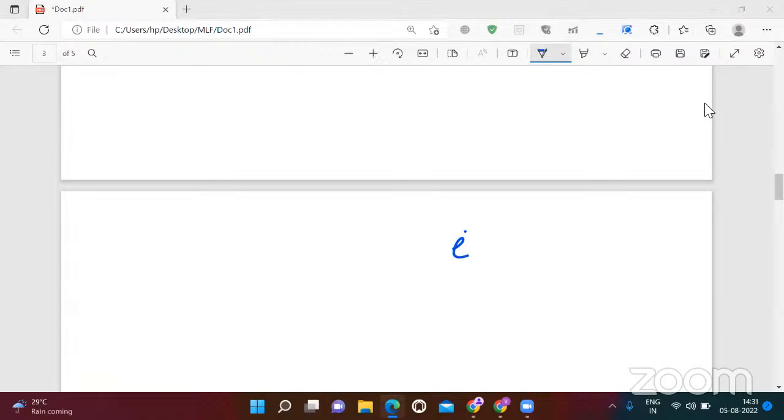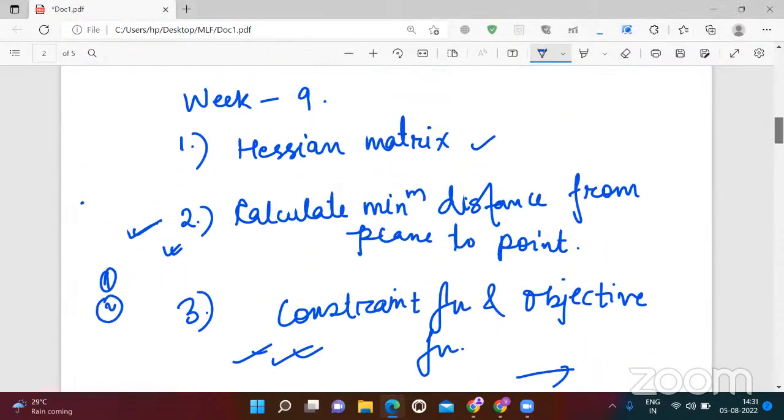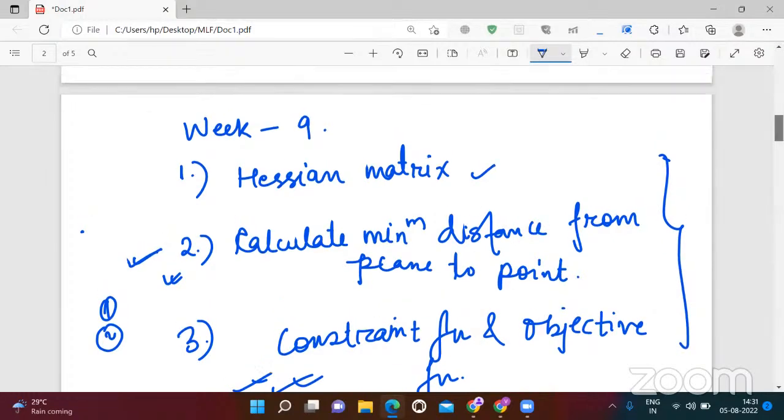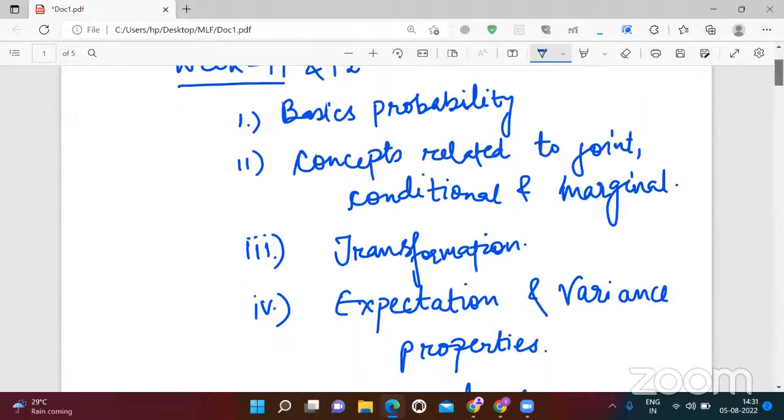Okay, so this was from the 9th week. If somebody has not done much, at least you should be aware of all these problems. I guess this covers the whole of the topics that were discussed in the 9th week. And for the last 2 weeks, I'll just go through them simply once, and then I'll start briefing all the things.